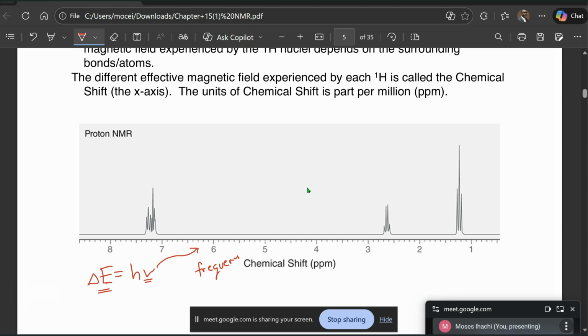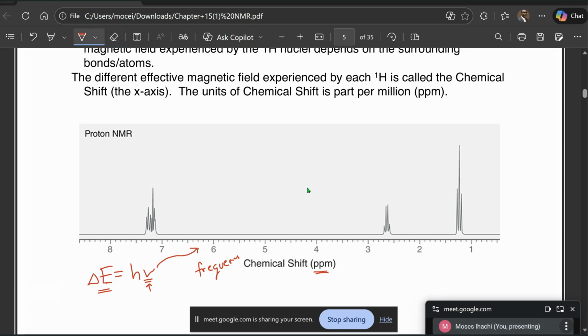So this x-axis, the frequency, the numbers we are using here, they are in parts per million because they tend to be very low numbers. So basically, this 7 here could read 7 times 10 to the power minus 6. So instead of using those tiny numbers, we just say parts per million.